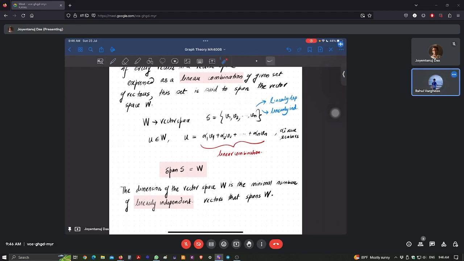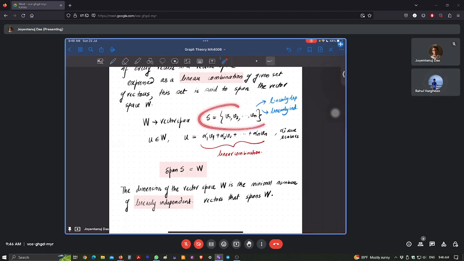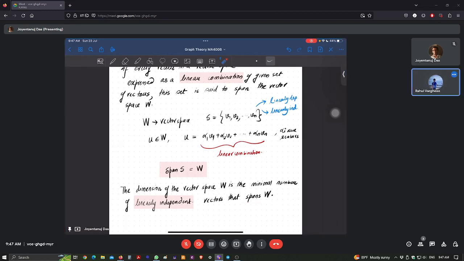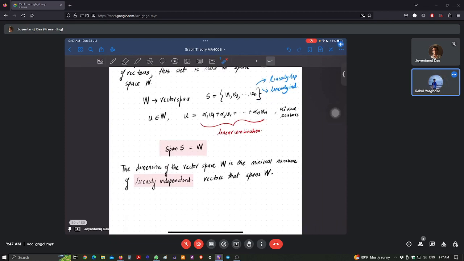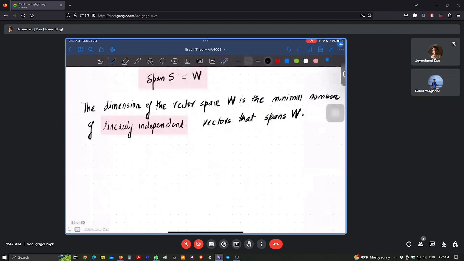So the dimension is this: if I can find a set S that is linearly independent and spans W, then that will also be minimal in the number of elements, and that number of vectors in that spanning set I will say is the dimension of W. Let me write down. We will use the notation dim for dimension.